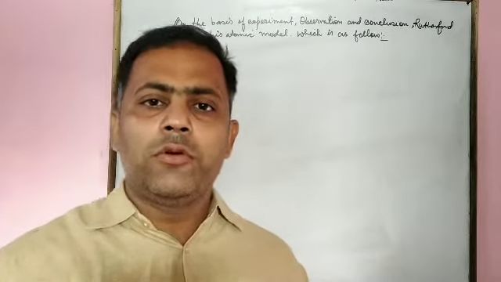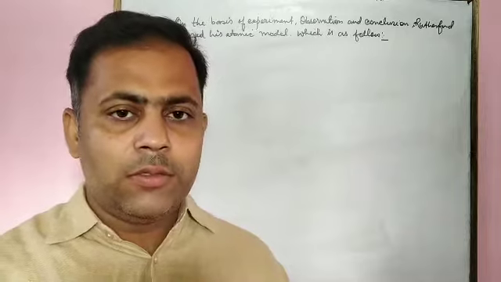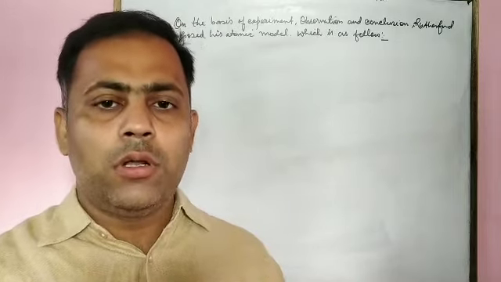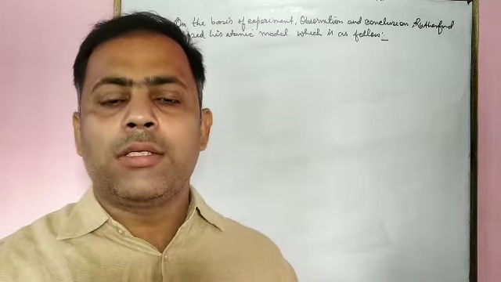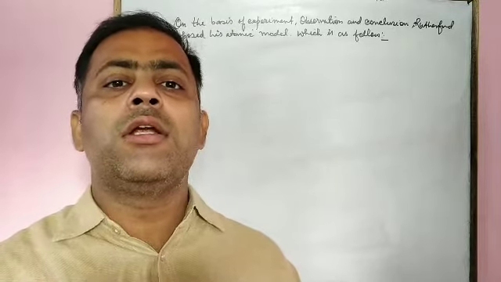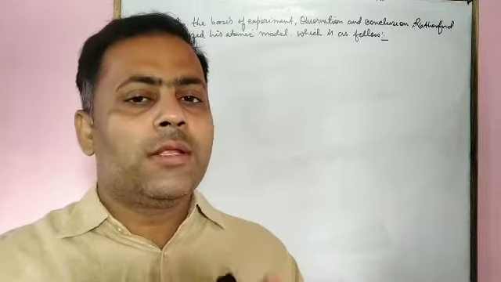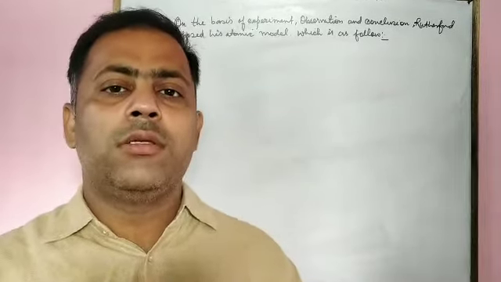According to Rutherford's atomic model, the positive charge, that is protons, together with the mass is densely concentrated in a small portion at the center of the atom, that is termed as nucleus.